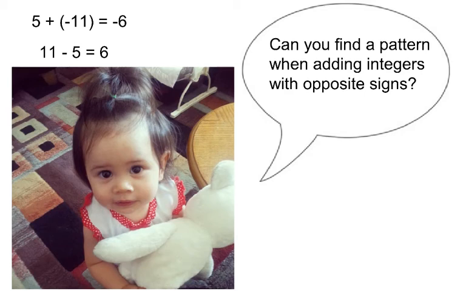Now notice that if I have 11 minus 5, that's going to give me 6, which I've demonstrated. So using the absolute values, we can make this a subtraction problem. But notice that I don't get the same answer. So let's look for more patterns and see if we can determine anything conclusive.